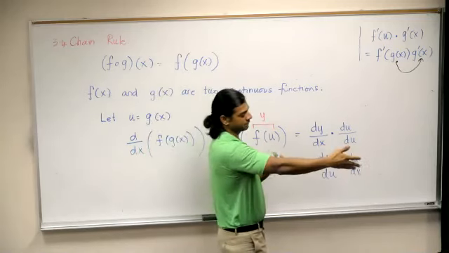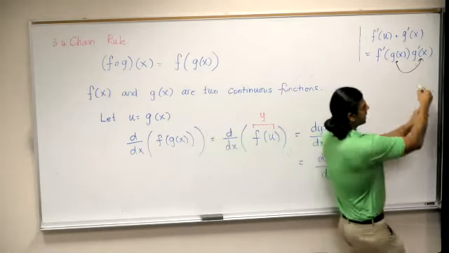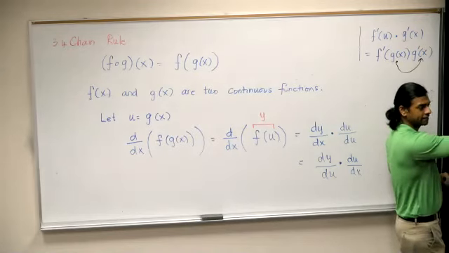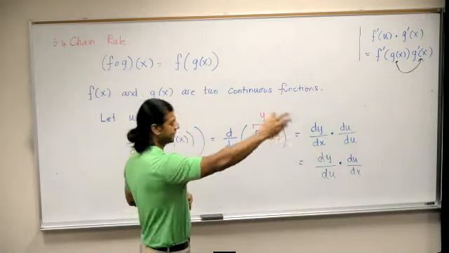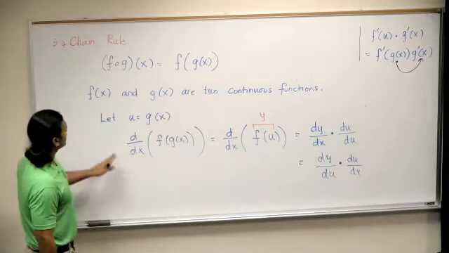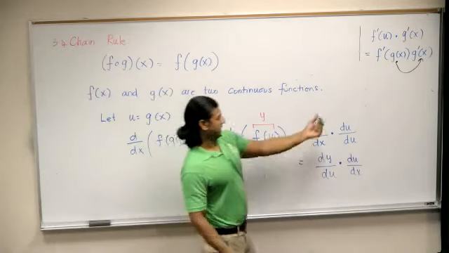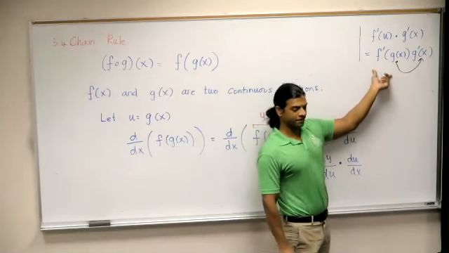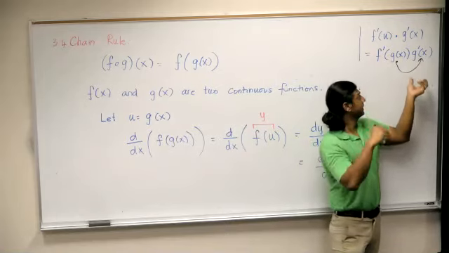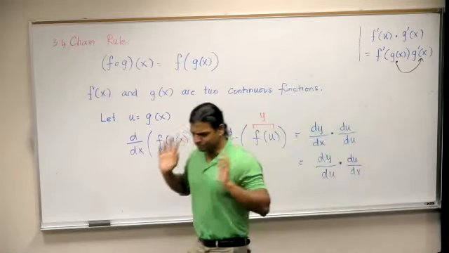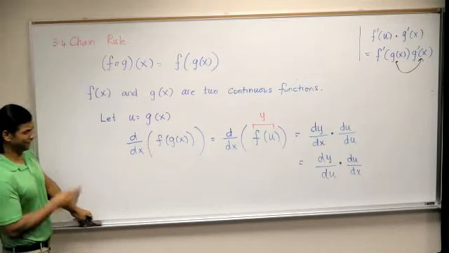So if you had multiple functions, function of a function of a function of a function, you would keep on multiplying by the derivatives of whatever function you compose with, which is why we call it the chain. So if we have a function of a function, we take the derivative of the function multiplied by the derivative of the function that went into the original function. It might seem all confusing, but when I do it using an example, it's actually easy.